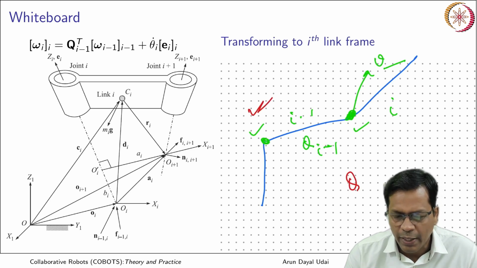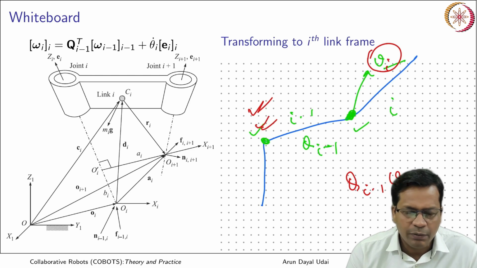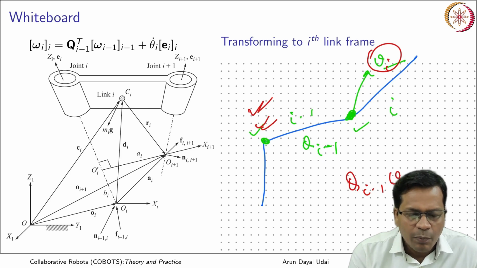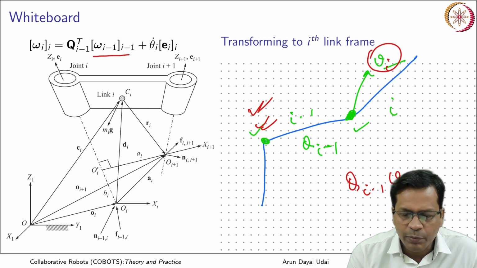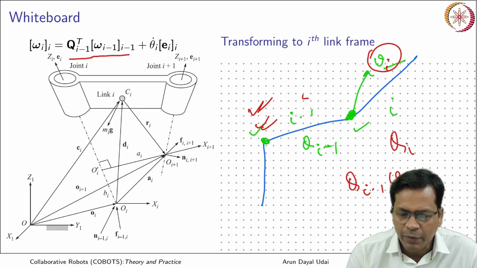So Qi minus 1 into Vi will express Vi in the prior frame. That is the method to bring it here. If you have to do the inverse, that means bring omega i minus 1 to the other frame, you have to multiply with the inverse, and the inverse of Qi minus 1 is equal to its transpose.